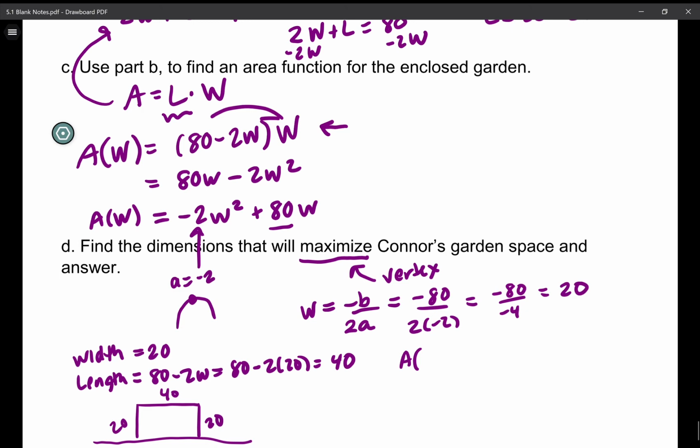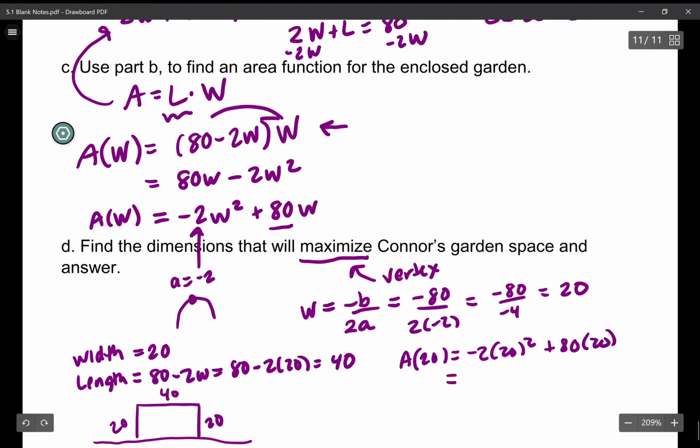Or we can use our function, A of 20 equals minus 2 times 20 squared plus 80 times 20, which is equal to minus 2 times 400, plus 1600. So minus 800 plus 1600 equals 800. Either way, we got 800.